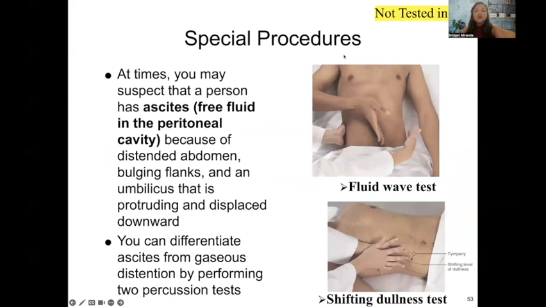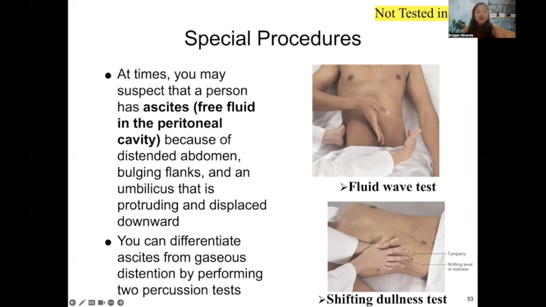Some other things that you can do that are not tested, but I want you to understand is the special procedure for testing for ascites or free fluid that may be trapped in the peritoneal wall. You can do the fluid wave test or the shifting dullness test.